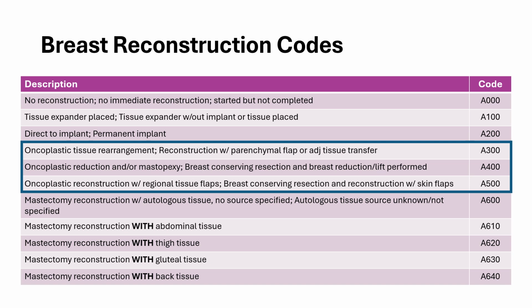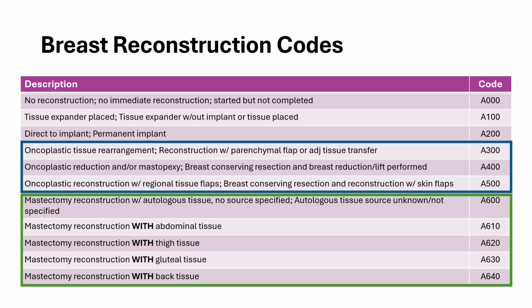The three codes dealing with these types of reconstruction are A300 when the breast tissue is rearranged, a parenchymal flap is placed, or there is adjacent tissue transferred without a formal mastopexy or reduction. A400 is when a formal reduction or mastopexy is performed or a breast lift. And A500 is reconstruction using regional tissue flaps or skin flaps.